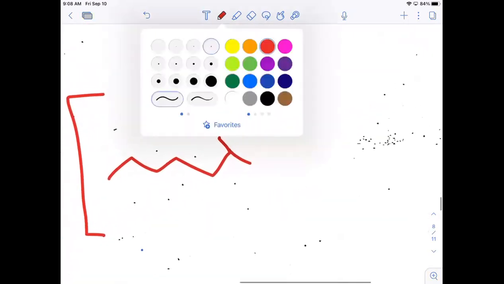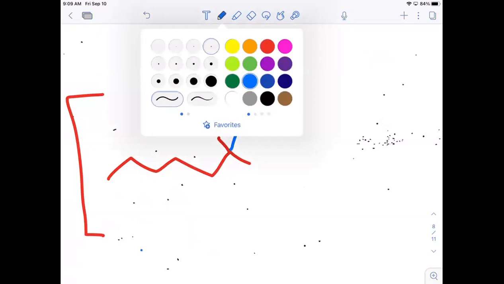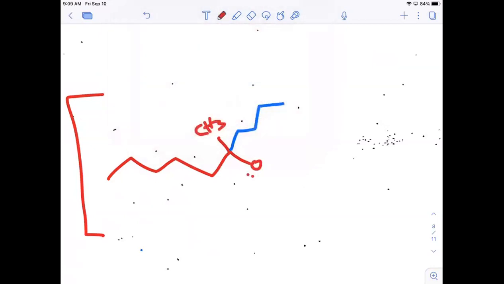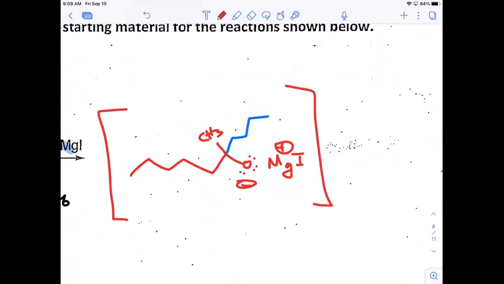I'm going to change the color on that. So that's negative. And then my magnesium salt is going to hang out there. So it's MgI, which is positive. Right, so this is the intermediate.